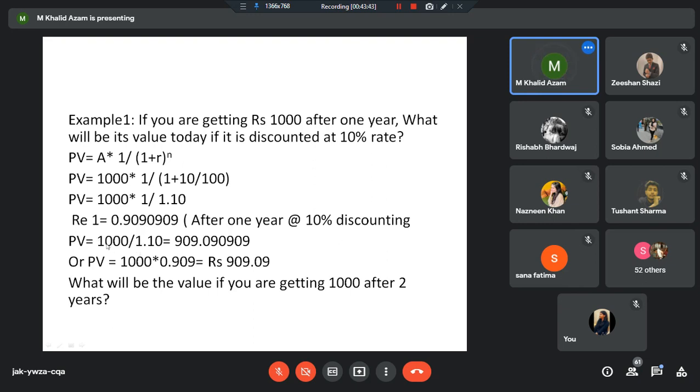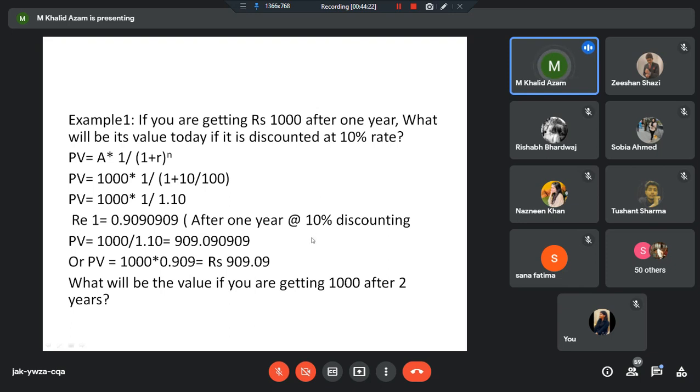Now see here, this is 1,000 divided by 1.10, so here it is 909.09. So 1,000 rupees is the value which you are receiving at the end of the year. Its value today is not 1,000. It is 909 rupees when you discount at 10%.